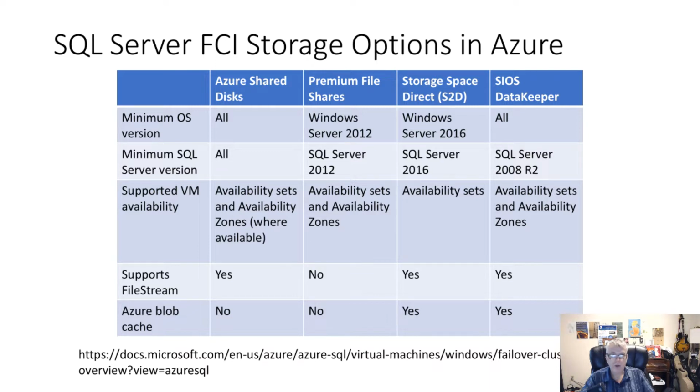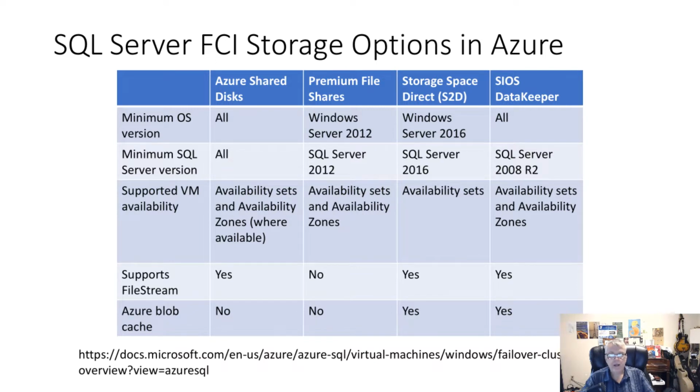There's the option of the Azure Shared Disk, which is their newest option. Basically you could take your normal Azure Premium Disk and enable what's called max share, so you can increase the number of clients that can connect to that shared disk. And then at that point, you can present it to the cluster because it supports SCSI reservations.